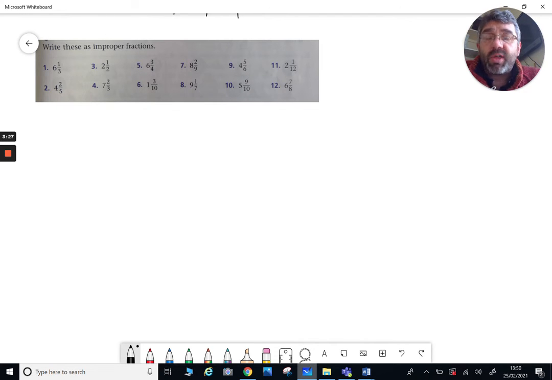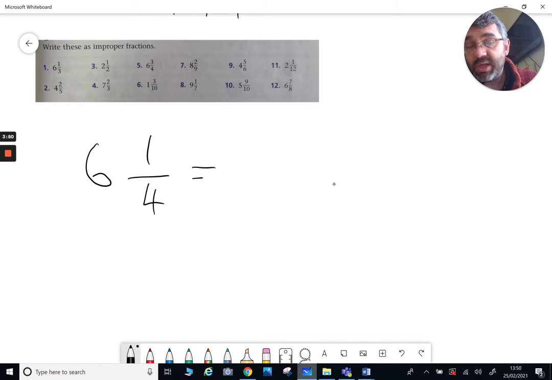Well, sometimes we start with improper fractions and then we need to change them into mixed numbers. But here we've got mixed numbers and we change them into improper fractions. So this is the work now for green and blue groups. Okay. So we have a look at a fraction similar to number 1. So if I take 6 and 1/4. Now, improper fractions mean that the number on the top of the fraction is greater than the number on the bottom.